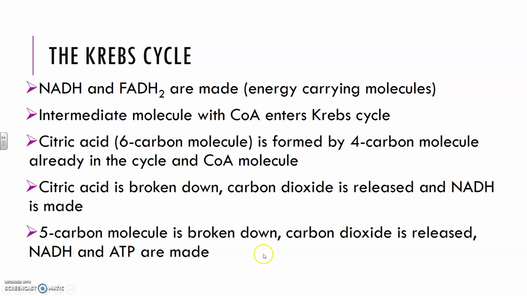But you have to remember these come from a single 3-carbon molecule, while glucose, which starts all of this, is a 6-carbon molecule. So you will go through this cycle twice per glucose. And then finally that 4-carbon molecule is rearranged to reproduce the 4-carbon molecule that will bind to the coenzyme A complex.